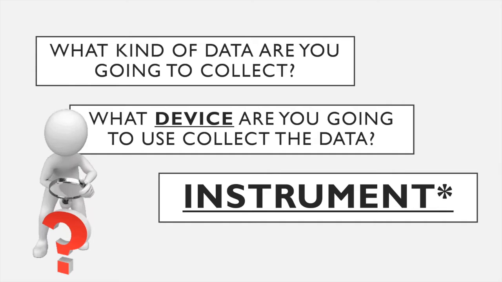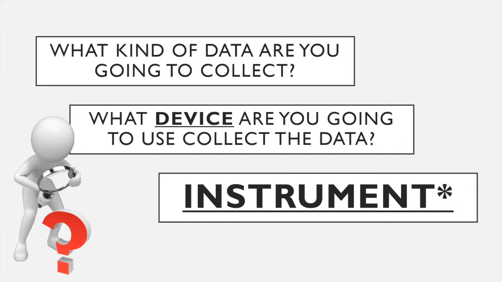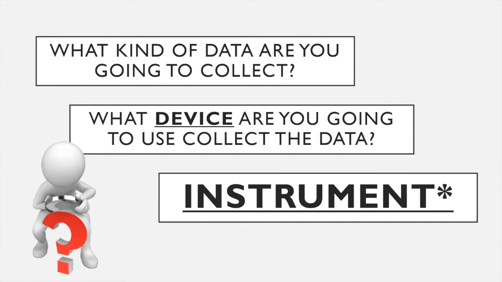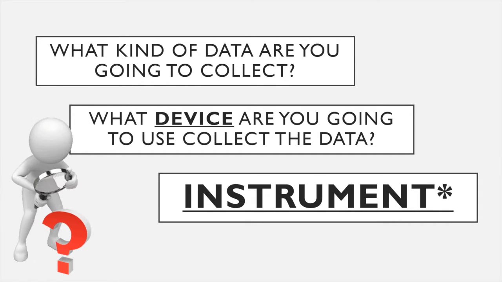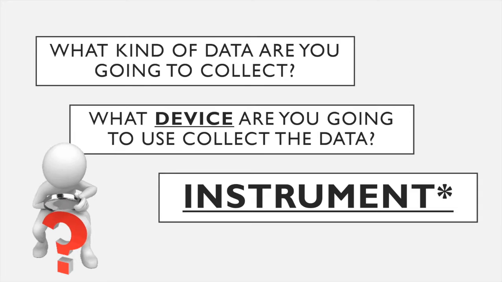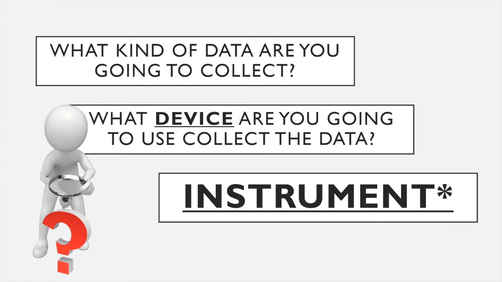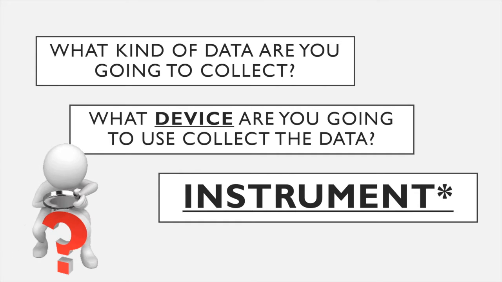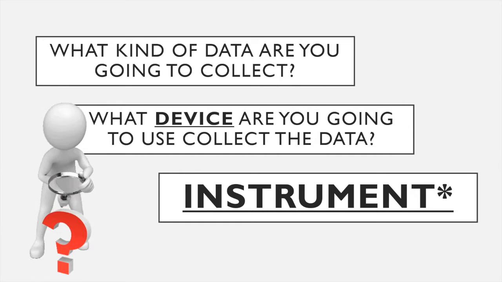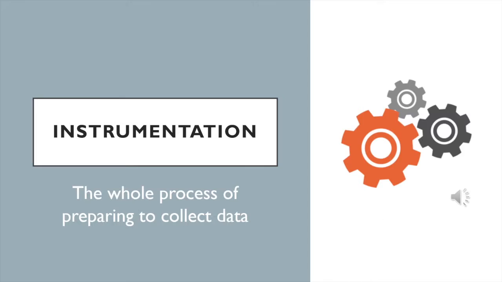These devices, such as pen and paper tests, questionnaires, or rating scale, are what we call instruments. But please take note that most, but not all, research requires the use of an instrument. In studies where the data are obtained exclusively from existing records, such as grades, attendance, etc., no instrument is needed.